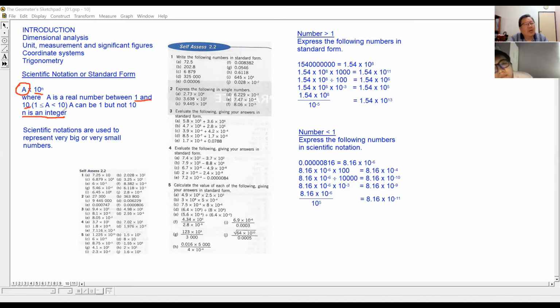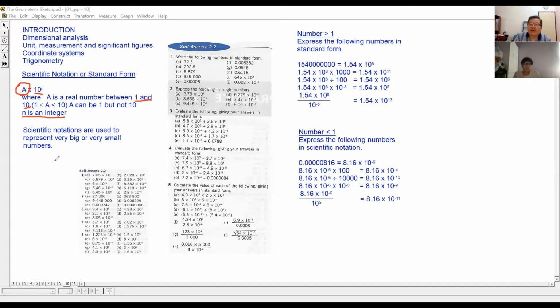Okay, so why should we learn this scientific notation? We want to learn it because sometimes the number is very big. For example, the distance from the Earth to the Moon, or from the Sun to the Earth, a very big distance. If you want to write out the whole number, it will be very long. So to shorten it, we use scientific notation.